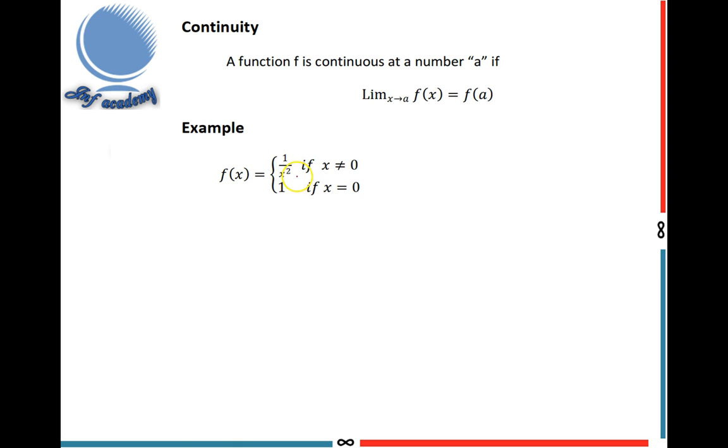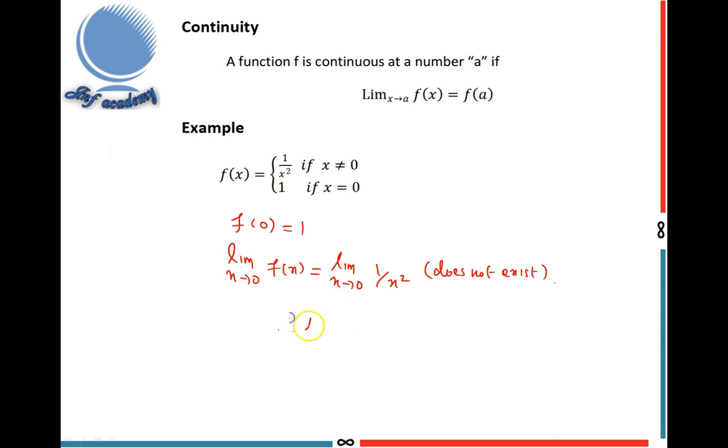f of x equal to 1 by x square if x not equal to 0, and 1 if x equal to 0. Here, f of 0 equals 1, but the limit as x tends to 0 of f of x equals the limit as x tends to 0 of 1 by x square. This is infinity. Infinity means the limit does not exist.